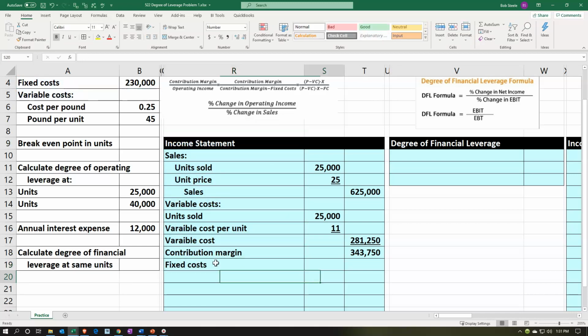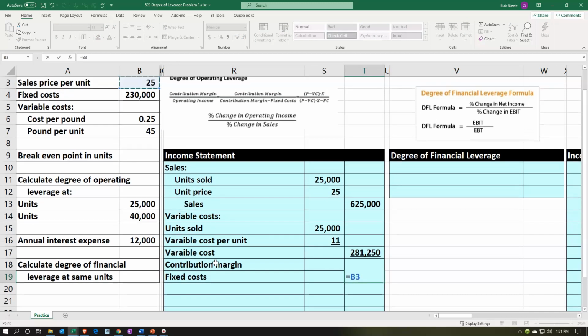Those are the ones that don't change as the volume of sales increases and decreases. And we're going to put an underline there, Home tab font group. That's going to give us our earnings before interest and taxes, which is going to be equal to the contribution margin minus the fixed costs.